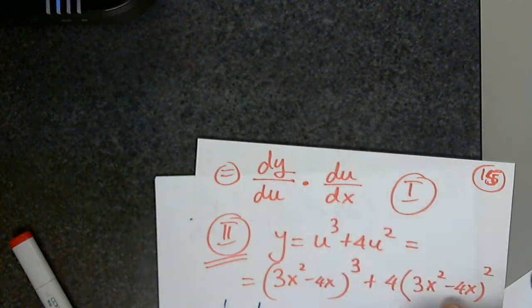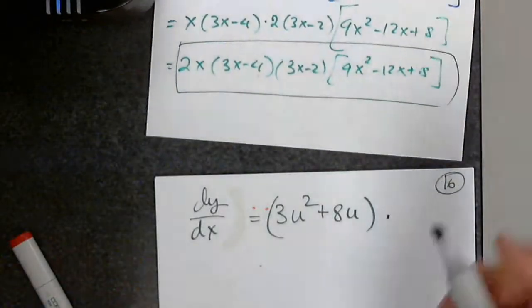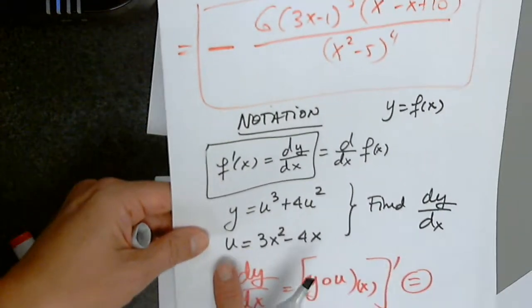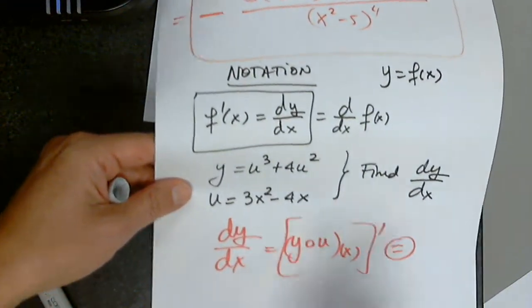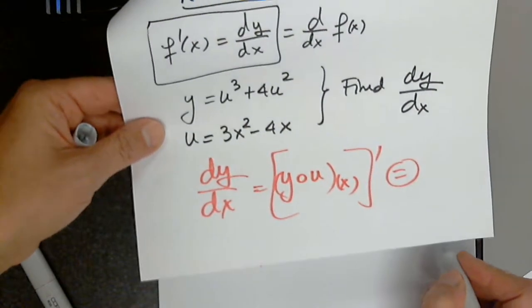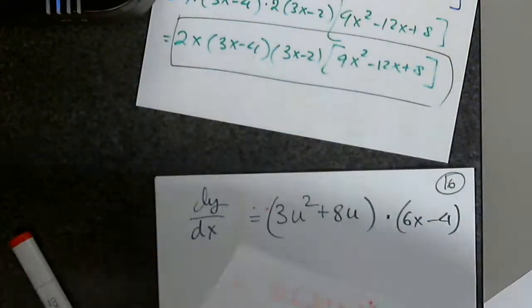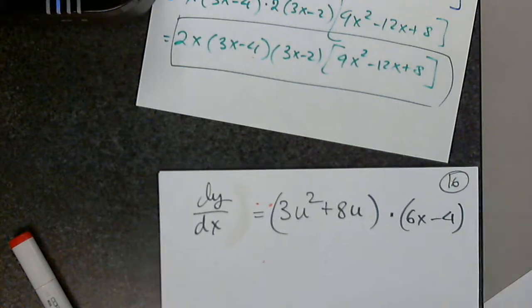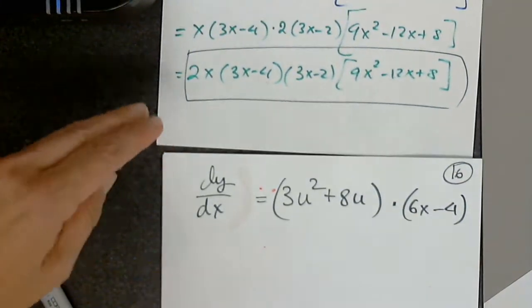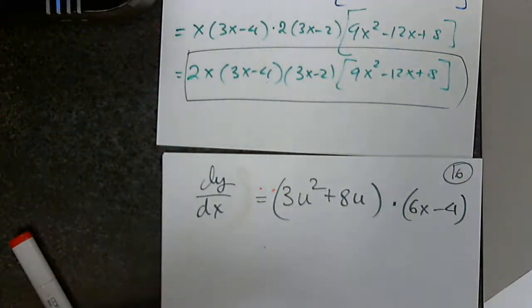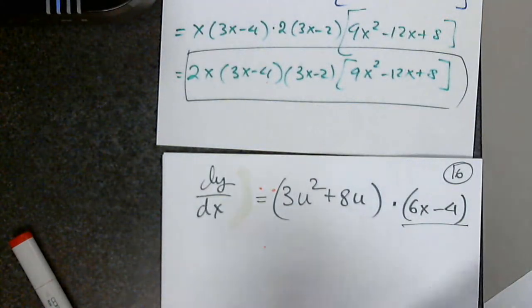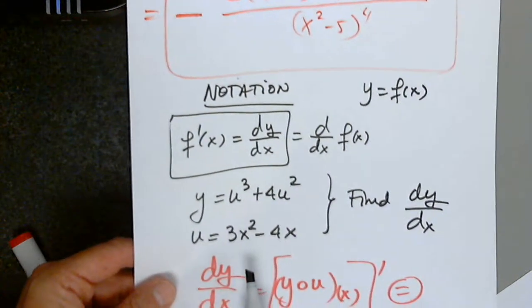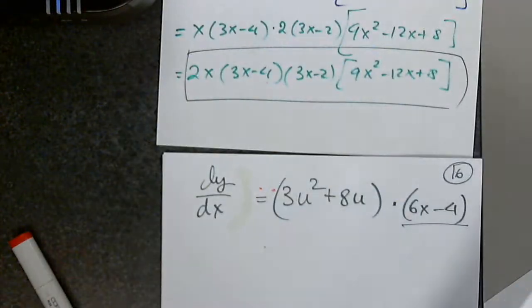Now I want du with respect to x, times du with respect to x, 6x minus 4. Good. I can leave it like this. I can have u and x in the same expression. So what will I have to do next? This is okay. But what will I have to do here? Plug it in.